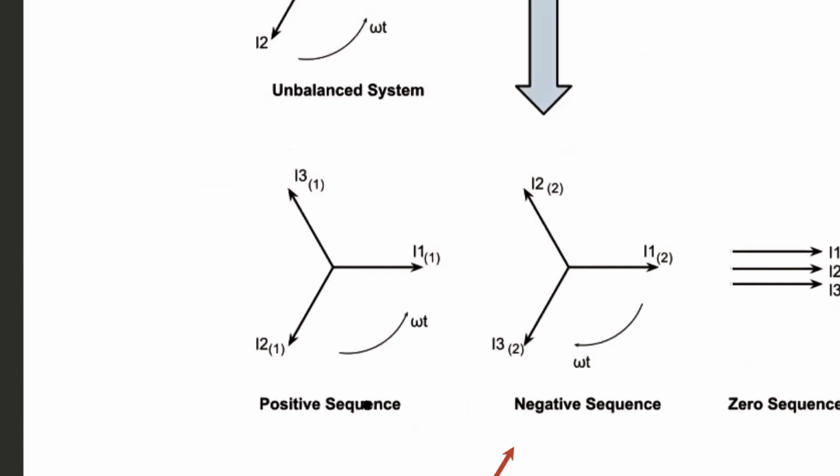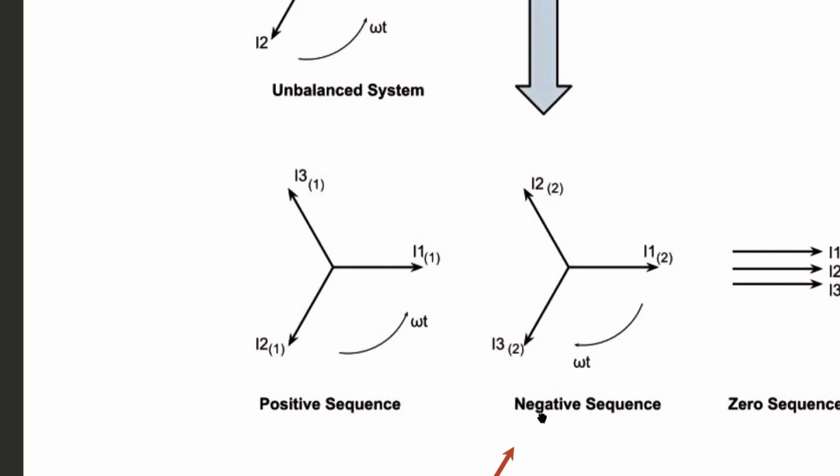One component is the positive sequence component, which is rotating in the same direction in which our rotor is rotating, anti-clockwise. The second is the negative sequence component. This part of the current flows in the opposite direction. The rotor is rotating anti-clockwise, but the negative sequence current is rotating in clockwise direction.